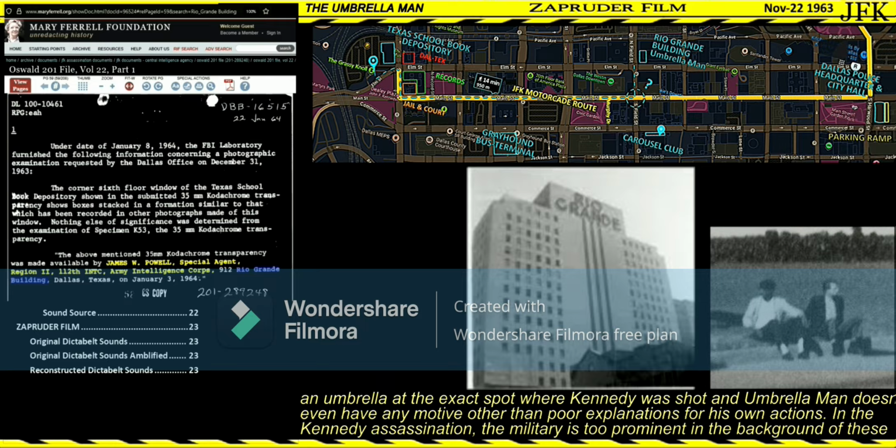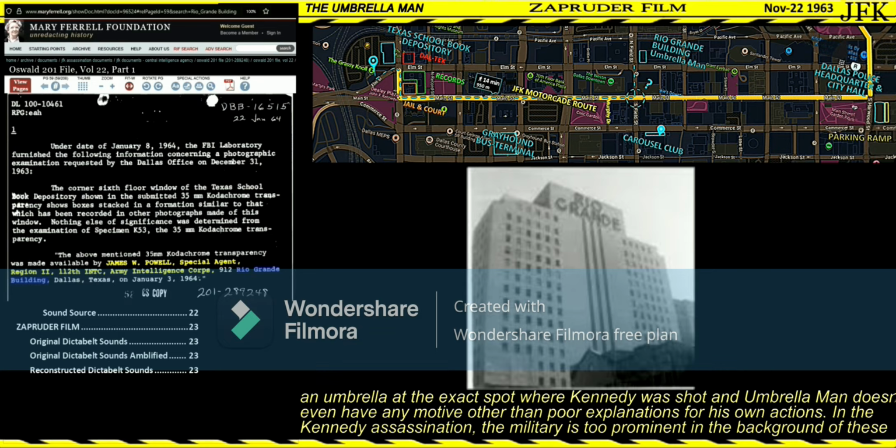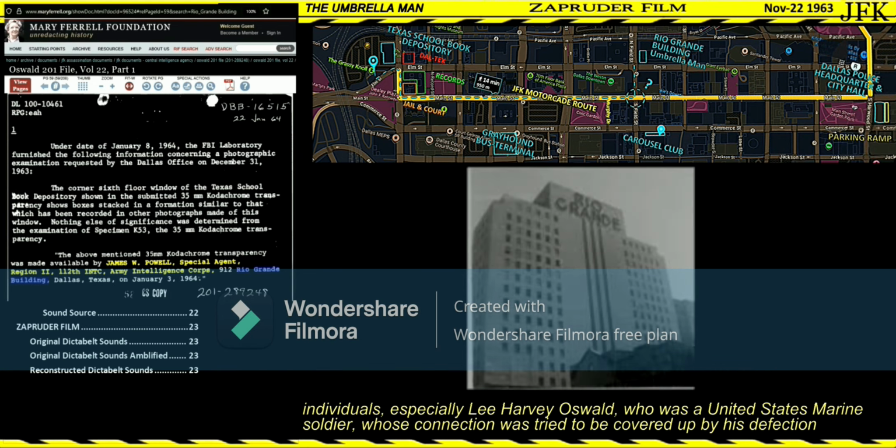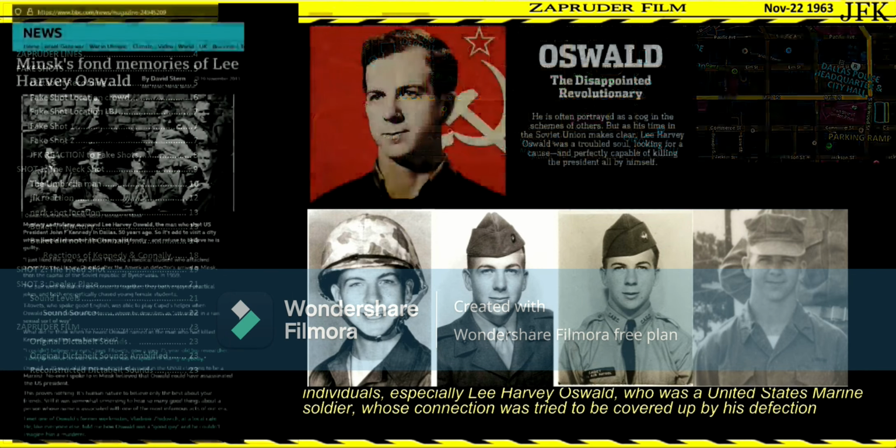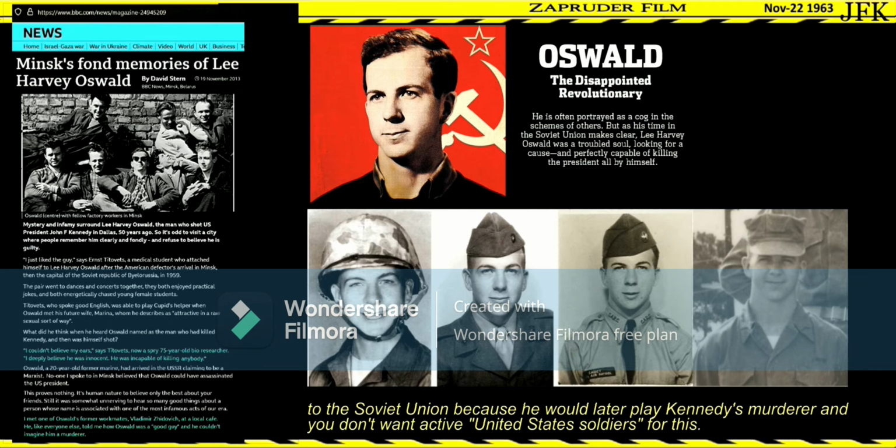In the Kennedy assassination, the military is too prominent in the background of these individuals, especially Lee Harvey Oswald, who was a United States Marine soldier, whose connection was tried to be covered up by his defection to the Soviet Union because he would later play Kennedy's murderer, and you don't want active United States soldiers for this.